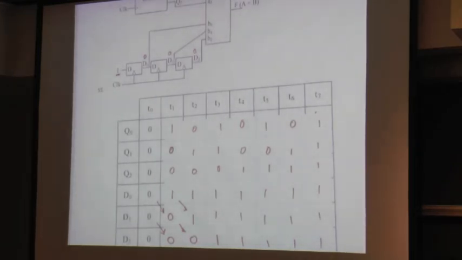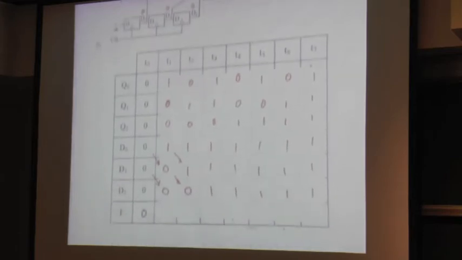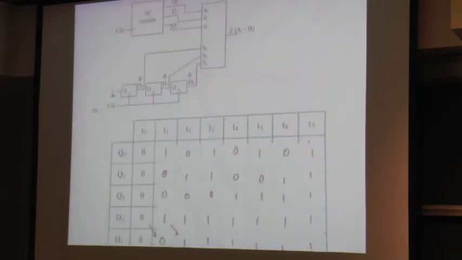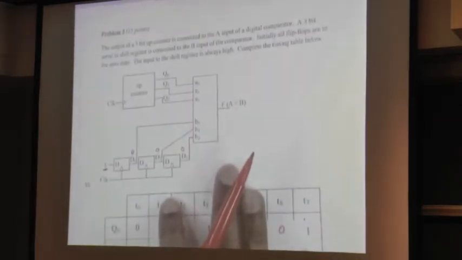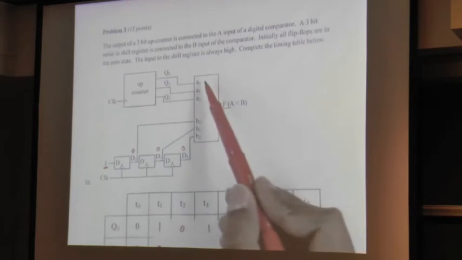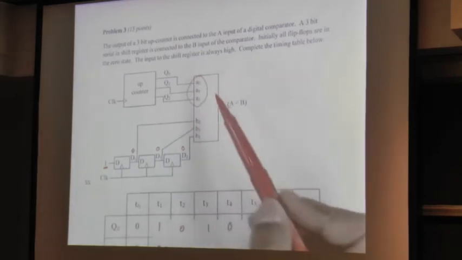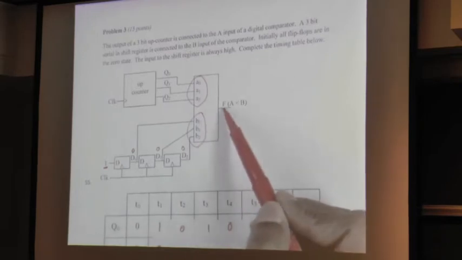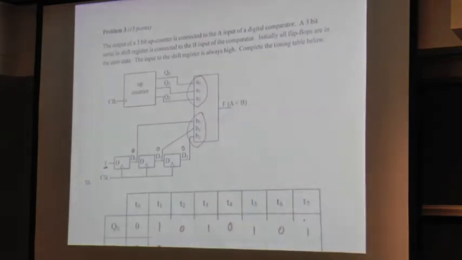Okay, so we've analyzed the up counter, we've analyzed the shift register. The final row here at the bottom is the comparator. So what the comparator is doing is comparing the inputs coming into A and the inputs coming into B, and the value F is high when A is less than B. Right?